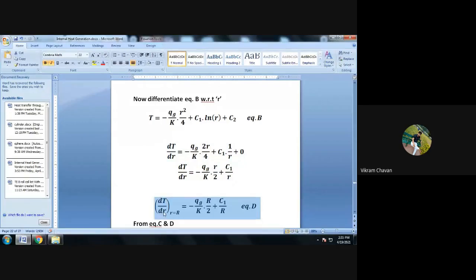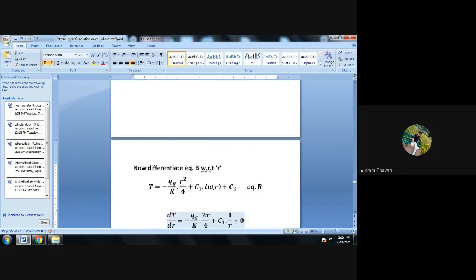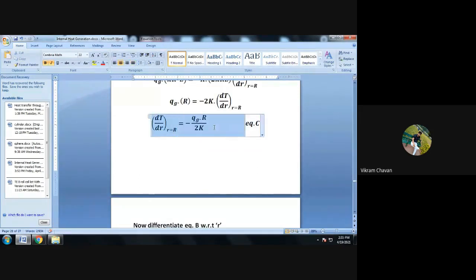So now here we once again derive the equation for differentiation of T with respect to r when r is equal to capital R. And also from equation number C, we get differentiation of T with respect to r when r is equal to small r.